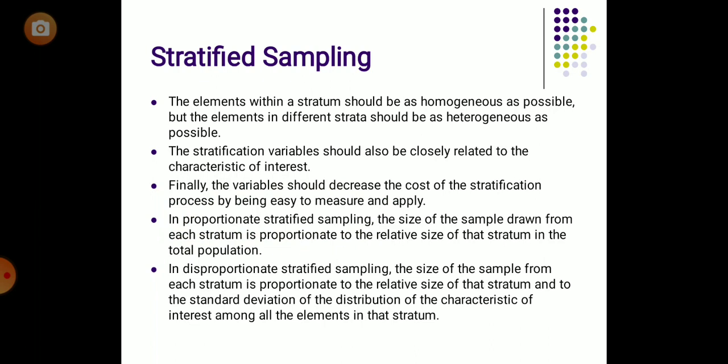Out of that, I have divided the 100 into different strata. One stratum is a group of males, the second stratum is a group of females. The researcher wants to select 10 students from the 100 students. In the 100 students, 60 are male and 40 are female.